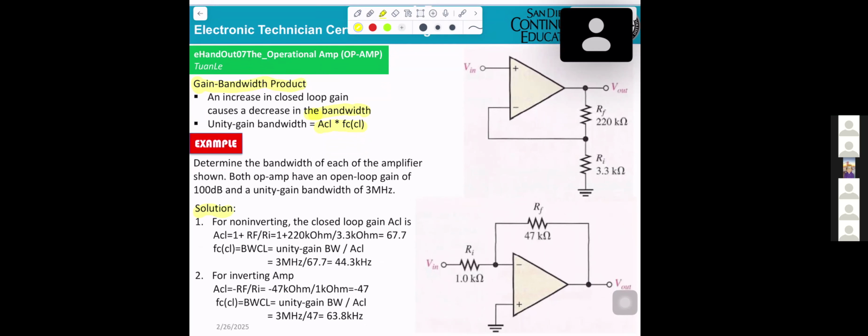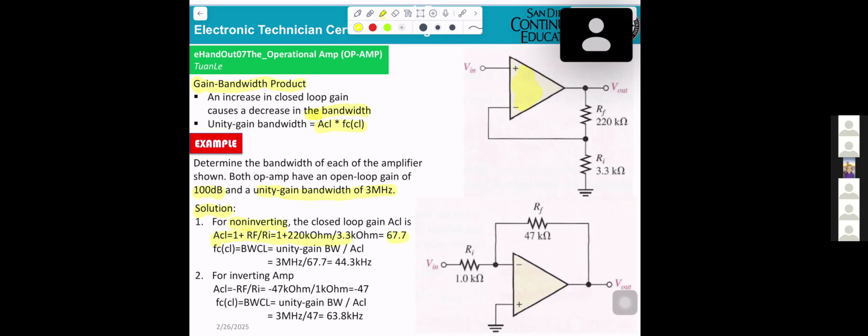Determine the bandwidth of each of the amplifiers. Both of them have an open loop gain of 100 decibel and unity gain bandwidth of 3 megahertz. For the non-inverting, the closed loop gain ACL is 67.7.